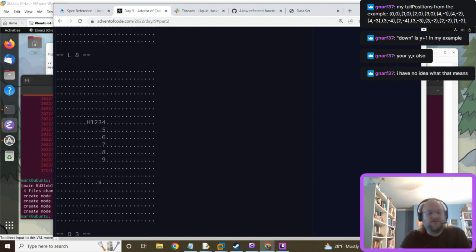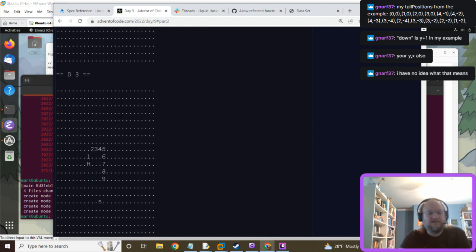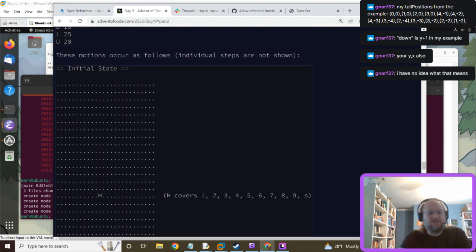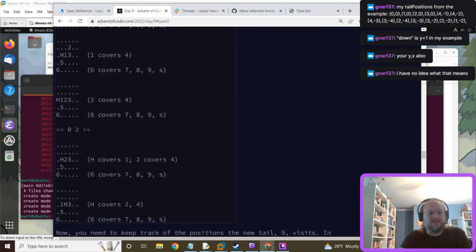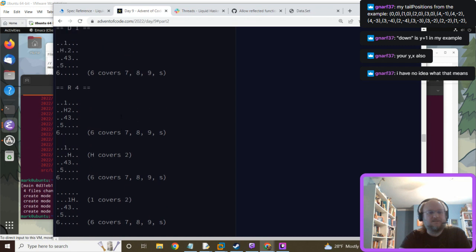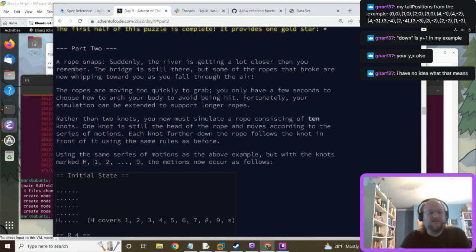Yeah, the rules for each subsequent tail should just behave the same rules as before.